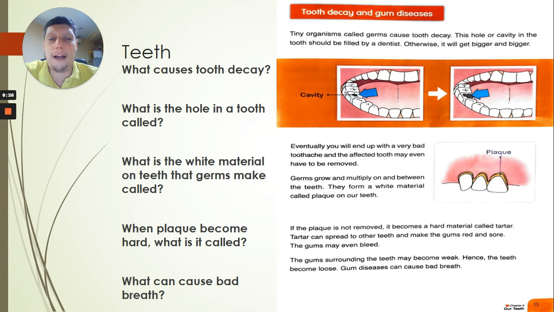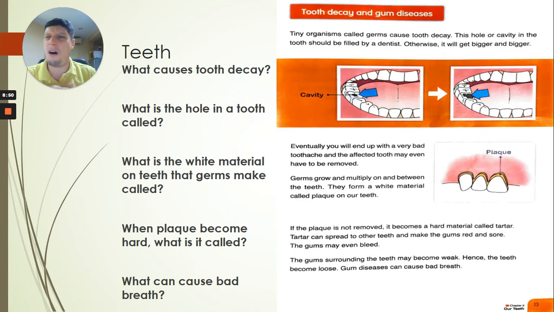And bad breath, sometimes we can't help it because we have to eat food, so our breath smells a little bit bad. But if your breath smells bad because you're not washing your teeth correctly or looking after your mouth, it's pretty disgusting. And nobody likes to be around and talk with people with really bad breath because they're not brushing their teeth.